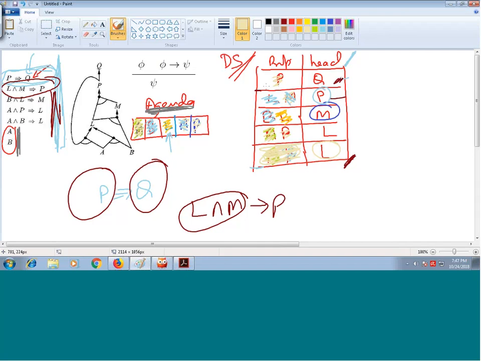I get L and P, but L already has been removed, so I got Q. Okay. So I would put Q over here, and I can see that Q can be reached by all these things. So this is one way. This is a better way to find out what I can do. So you have seen that this is the proof that you can find out the Q, and the Q is true. Is it clear?